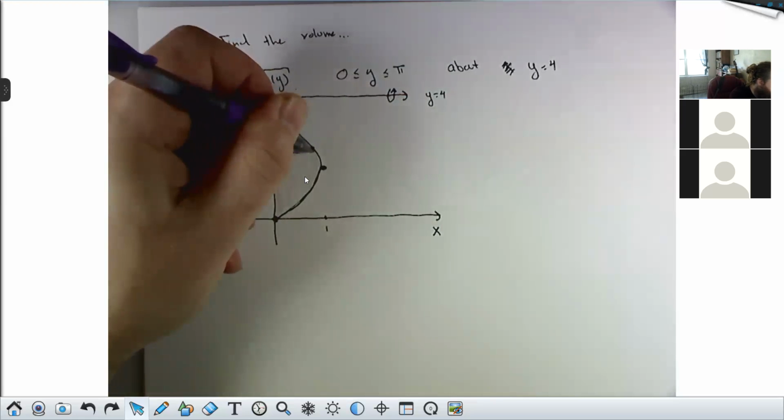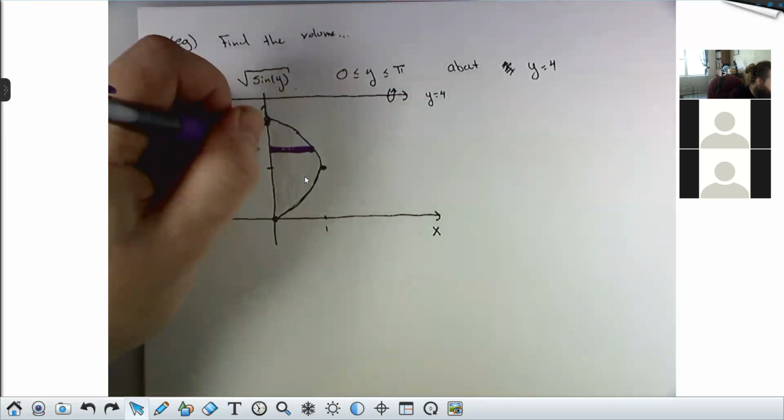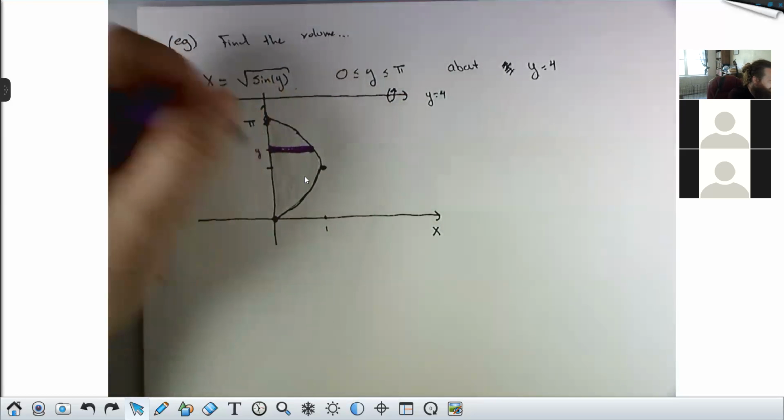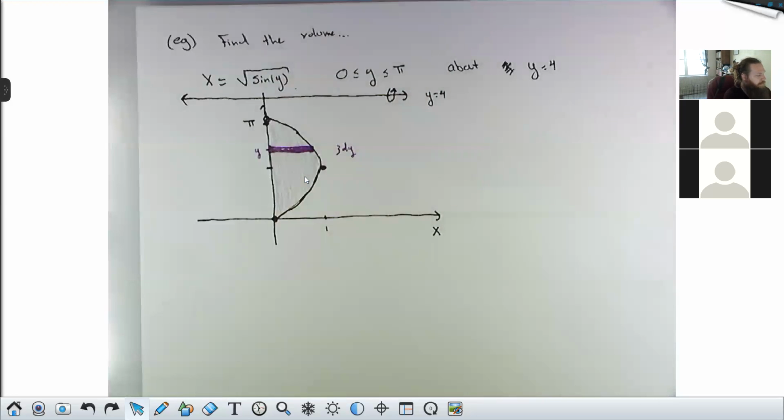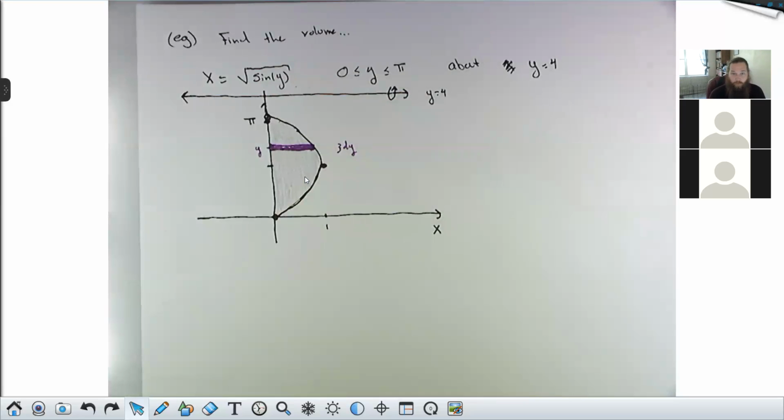And since the thickness of that strip is a dy thickness, I know that all the work I'm going to do is going to be done with respect to the variable y. Okay. What do I do next?